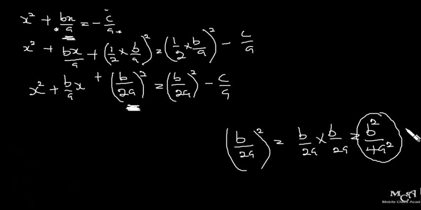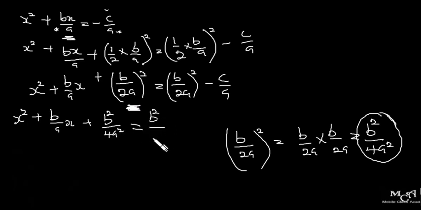So now let's replace what we have there. So we have x squared plus b over a x plus b squared over 4a squared equals b squared over 4a squared minus c over a.